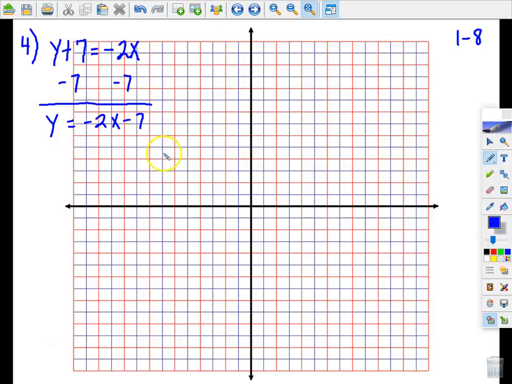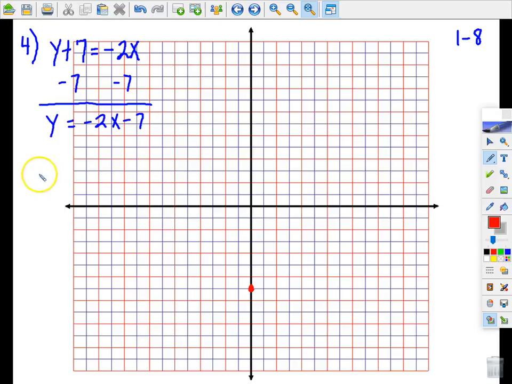And so now we know in slope-intercept form, we can take a look at this constant, and that represents a y-intercept. So I'm going to go down to -7 on the y-axis, put a dot. And it's from this red dot that I'm going to count my slope of rise over run.